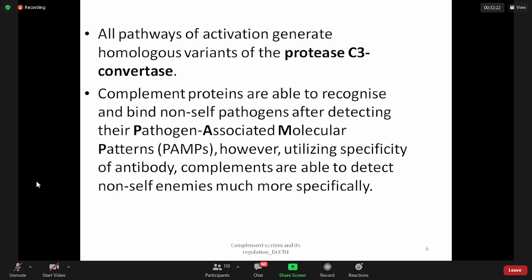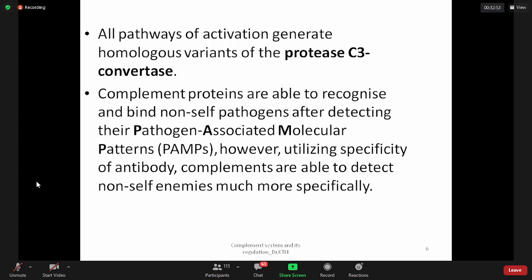And at the same time, if you look at how antibodies act, antibodies also tend to have specific sites where they bind. So they will not bind necessarily on our own antigens, but they will bind to the antigen that is foreign. Okay. So complement is able to detect the non-self enemies more specifically because it detects the pathogen-associated molecular patterns, which are specific to only the organism of interest.